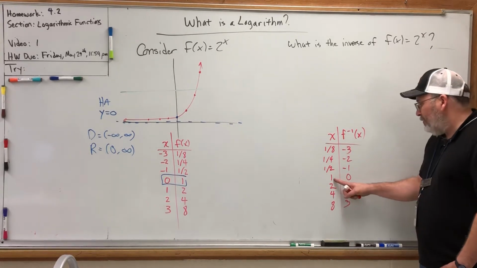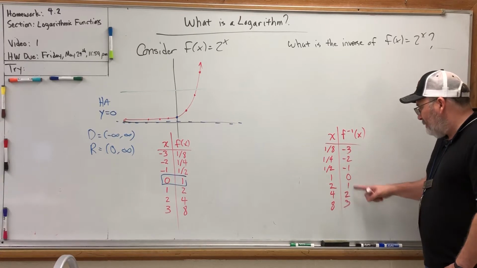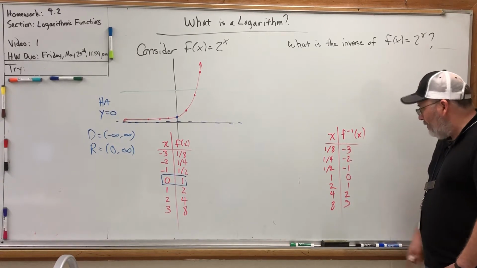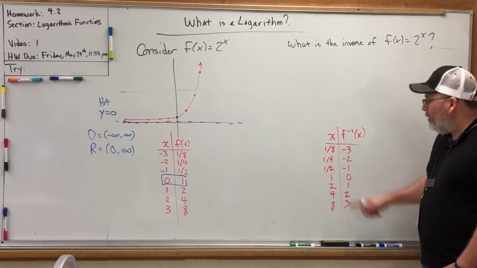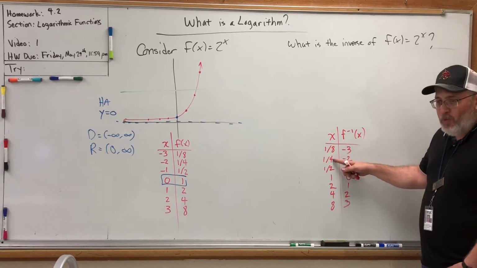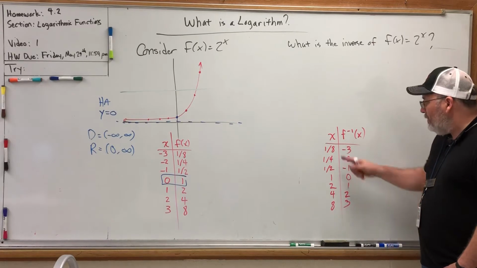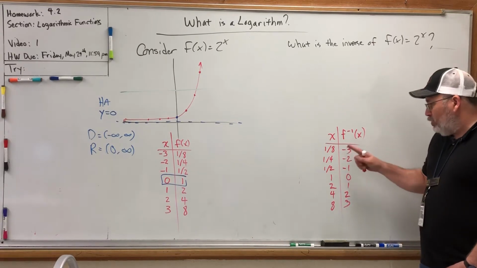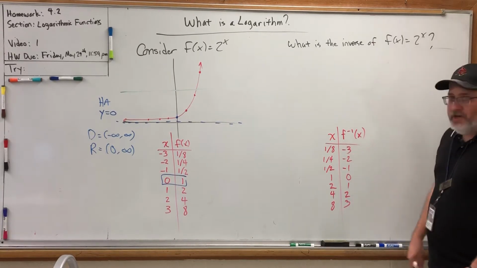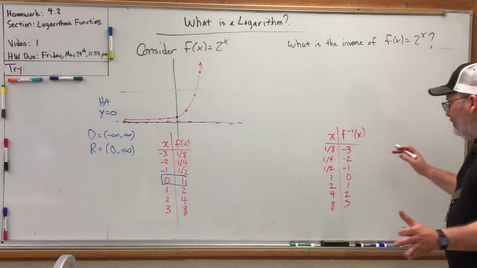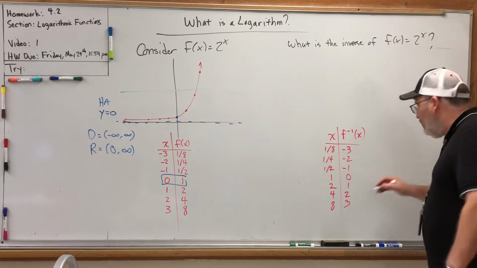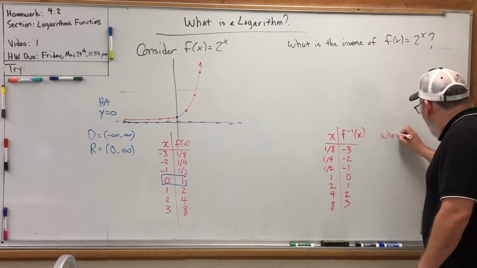What power do you put on 2 to get 1? This power. And the same thing all the way up. What power do you put on 2 to get a half? A negative 1 power. What power do you put on 2 to get 1/4? A negative 2 power. And what power do you put on 2 to get 1/8? A negative 3 power.